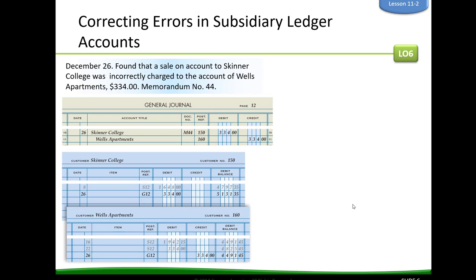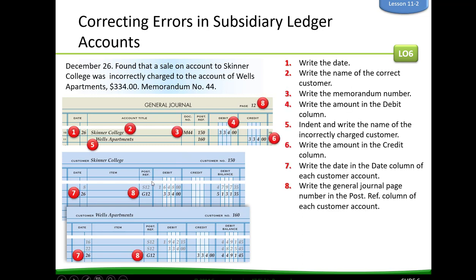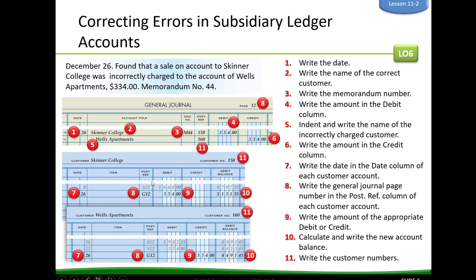So we're going to correct Skinner College by correctly debiting their account the $334, and we're going to remove it from Wells Apartments by giving them a credit of $334, and that's basically just washing out that last transaction that we incorrectly posted. If you want to see the steps, that's the steps that you need to do.